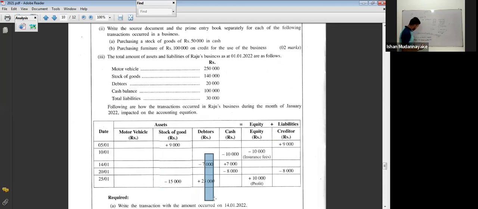Debtors plus 18,000. Cash: net difference in cash is how much? Minus 10,000 plus 7,000 minus 8,000, which means minus 1,000.